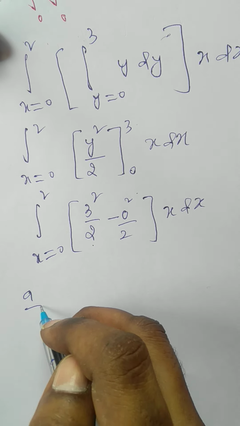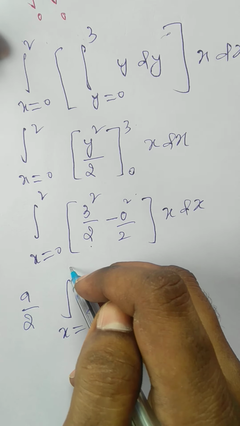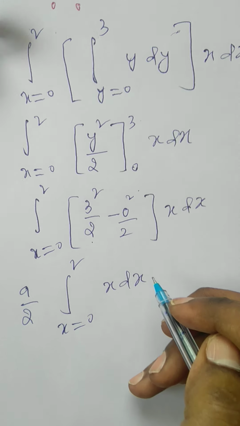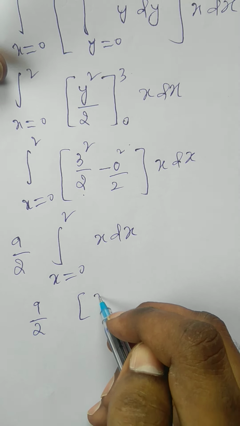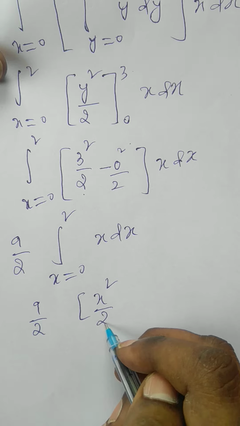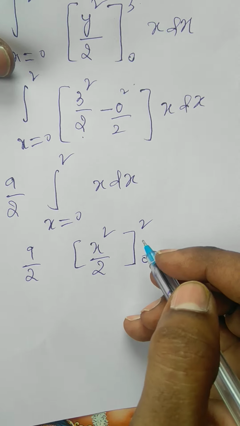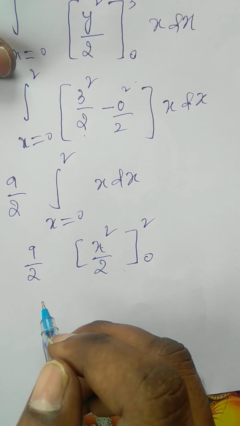9 by 2 I am writing outside of the integration. Again integral x equals 0 to 2, right? So we have x dx. Now 9 by 2 into, we know what is integration of x? x square by 2. What are the limits we have? 0 to 2. Now we integrate with respect to x, right? Wherever you have x, we replace it by the upper limit as well as the lower limit.